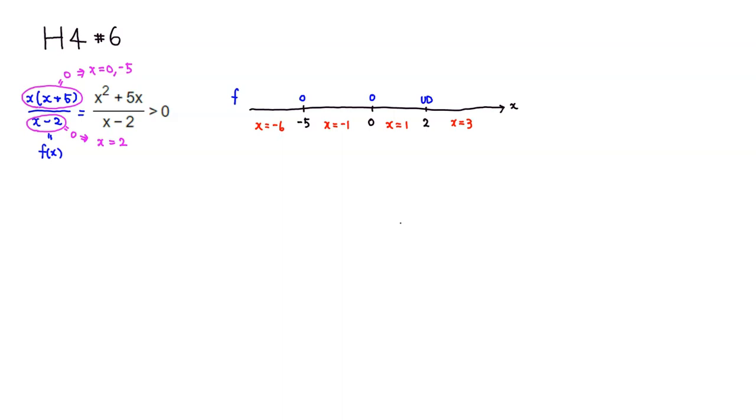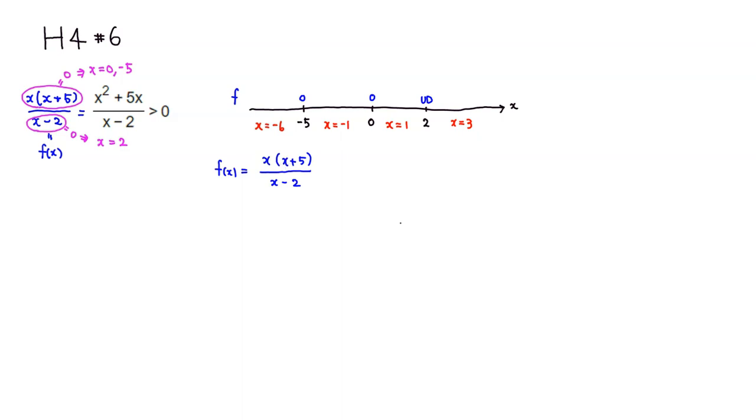The function f of x, I'm going to write it down so that we can work on it: x times the quantity x plus 5, divided by x minus 2. All we want to know is the sign. We don't really care about the actual value.